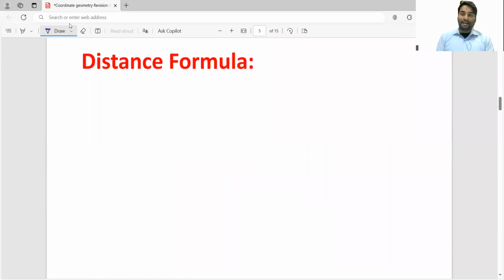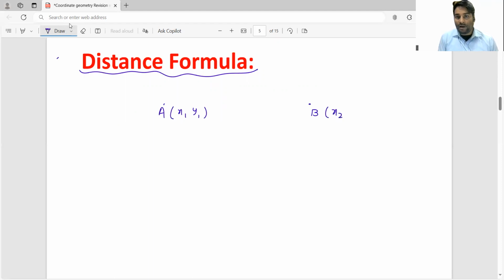Okay. Now let's learn some more topics. The second thing is the distance formula, right? Suppose we have 2 points: A, whose coordinates are x1, y1, and point B, whose coordinates are x2 comma y2, right?